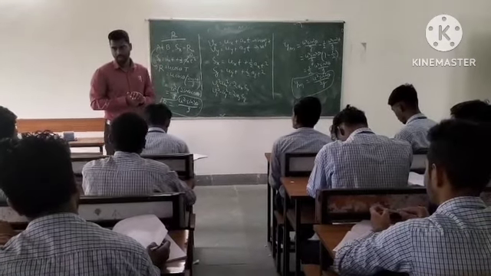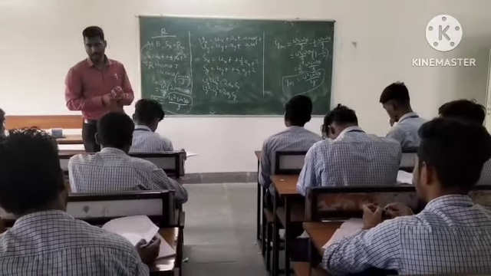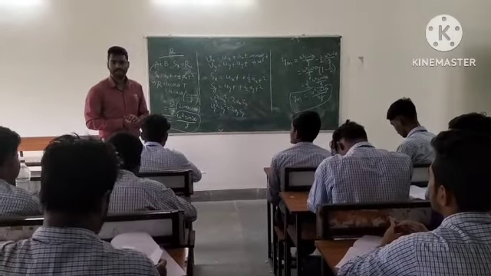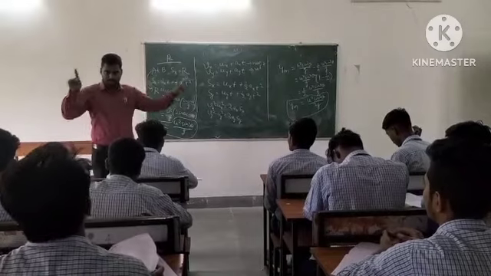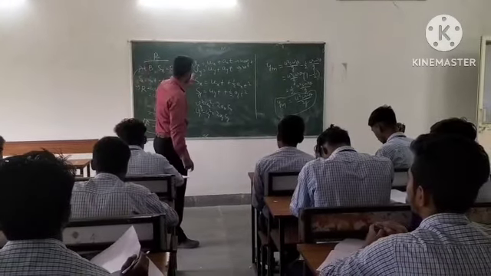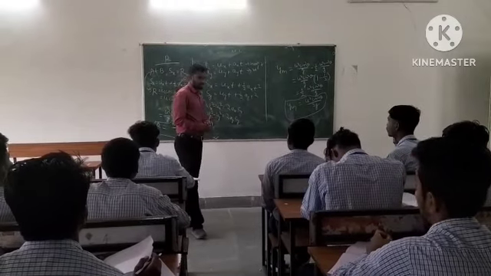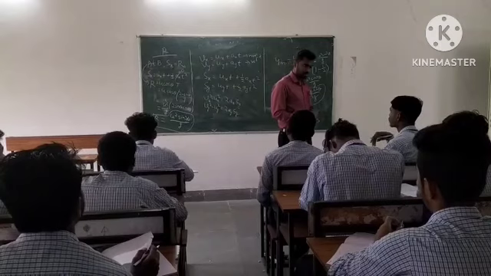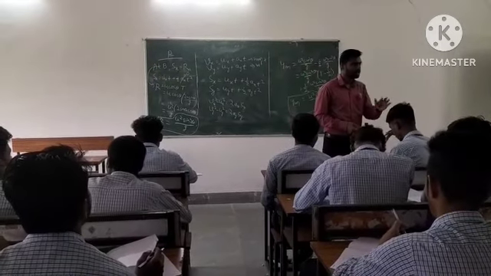So the values of these parameters at different points are tabulated, and these 6 equations of motion, each for horizontal and vertical. There are 3 equations of motion.